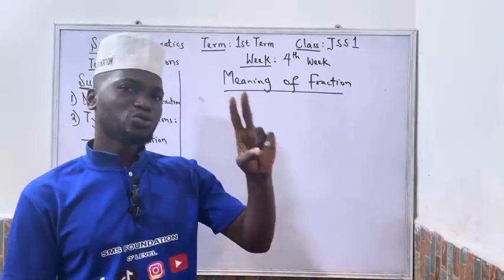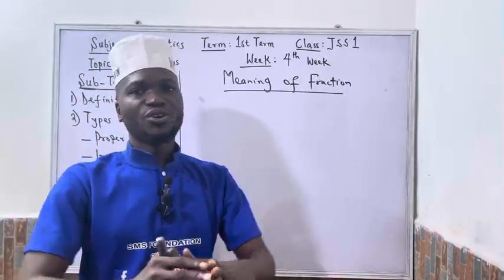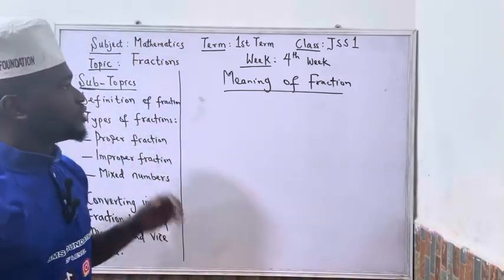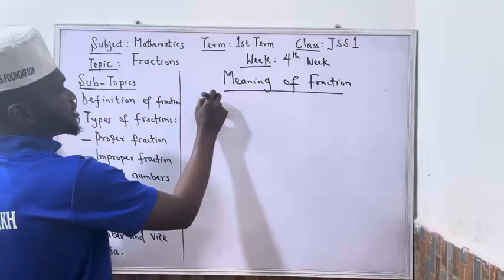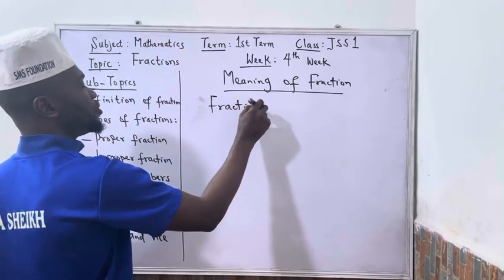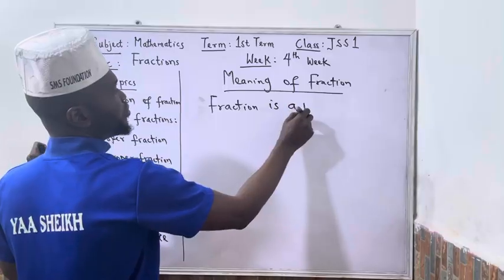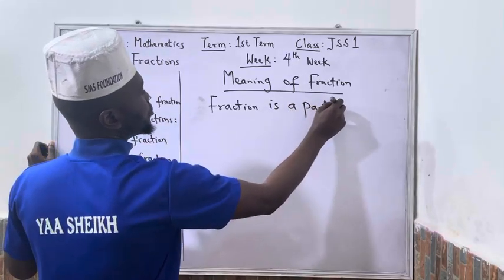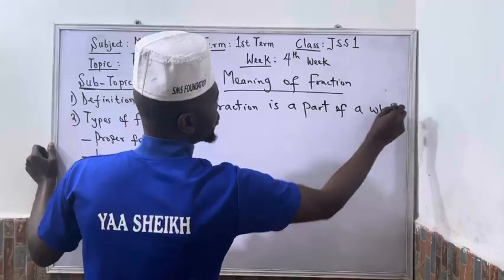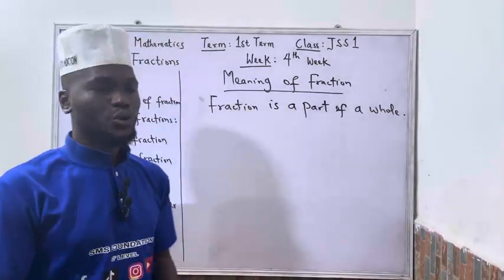Those 2 states are fractions of the entire 36 states. So in normal English, you can say that a fraction is a part of a whole.